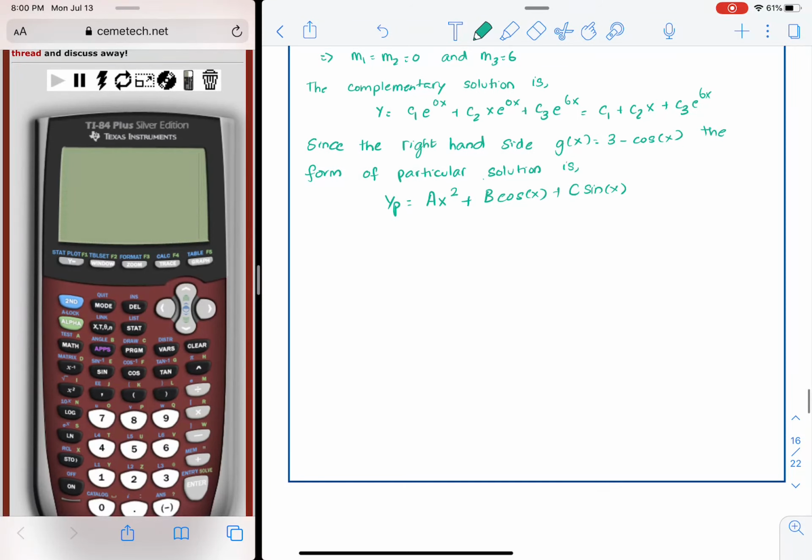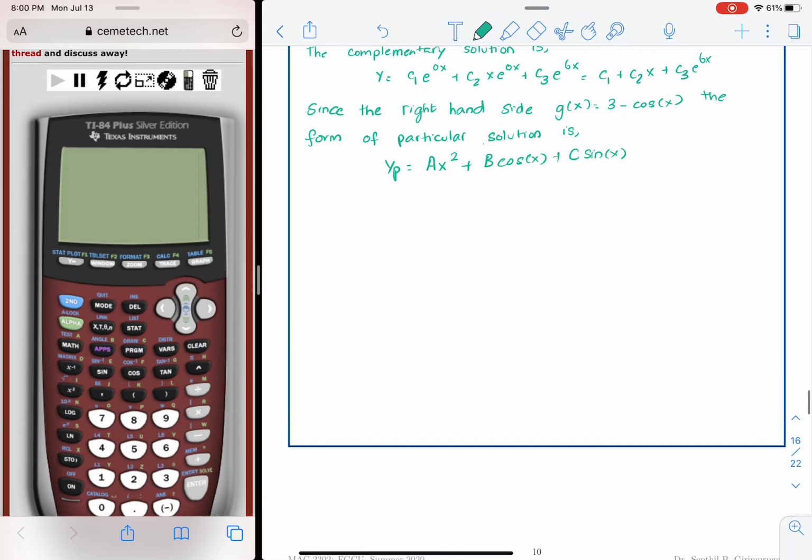Now we could find the derivatives to find the undetermined coefficients. So yp prime is 2ax minus b sine x plus c cosine x. Yp double prime is 2a minus b cosine x minus c sine x.